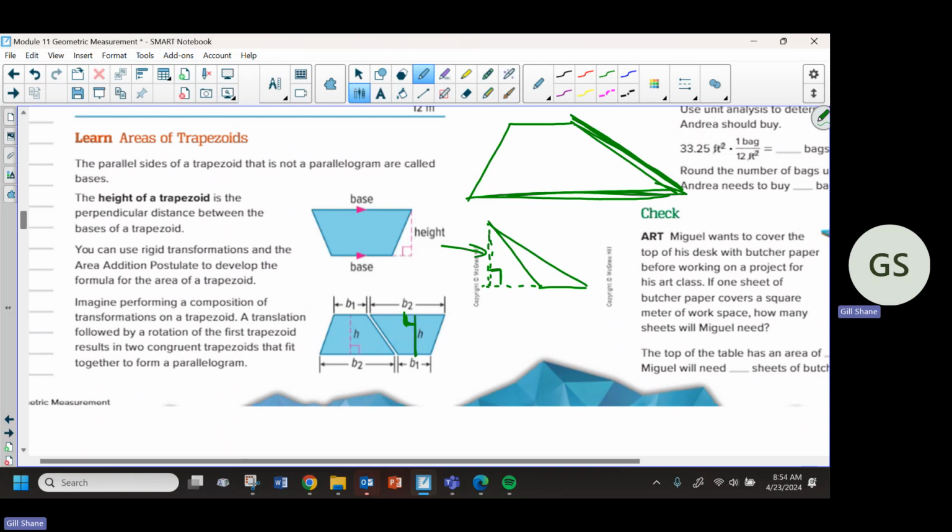So that's one note you should have from today. You don't need to write down any formulas. You need to write in height is a perpendicular line to the base, so 90 degrees. So height, perpendicular line to the base, is the bottom, typically the way we're going to see the figures.